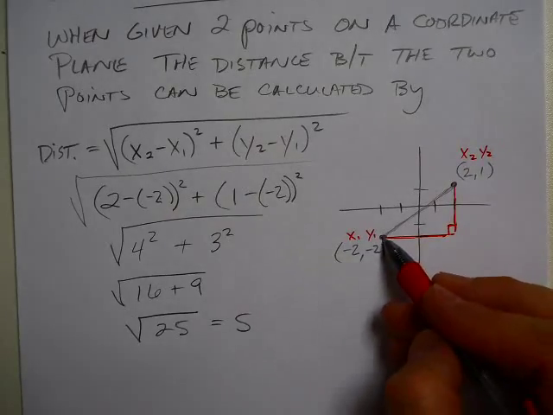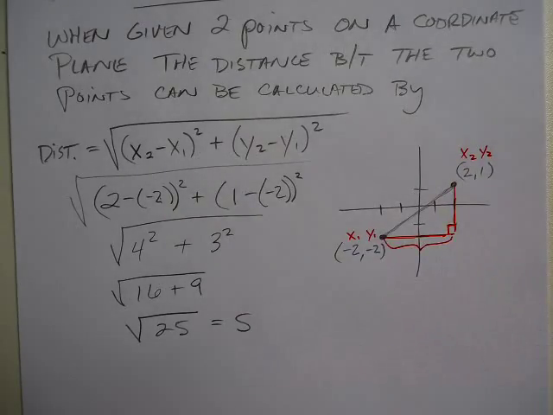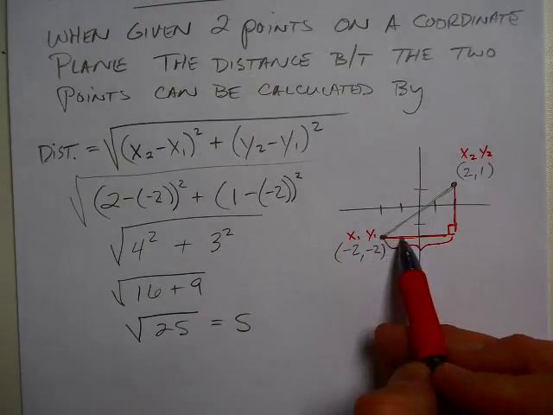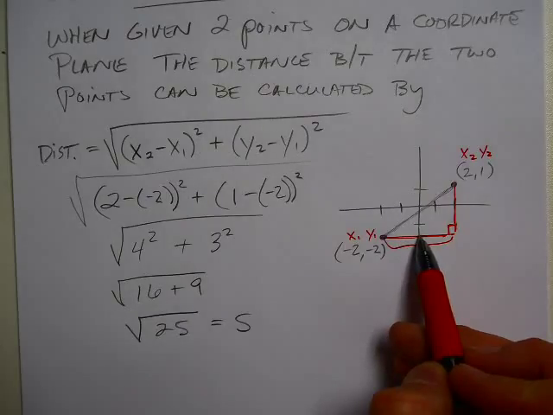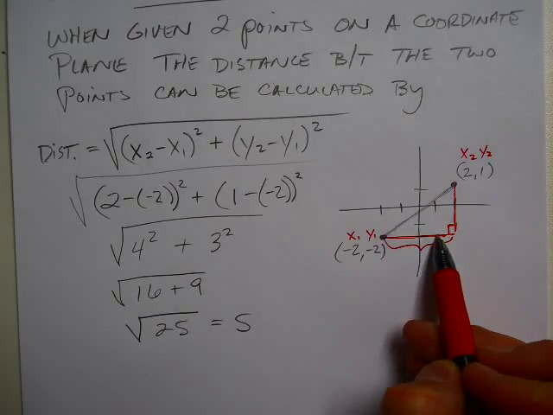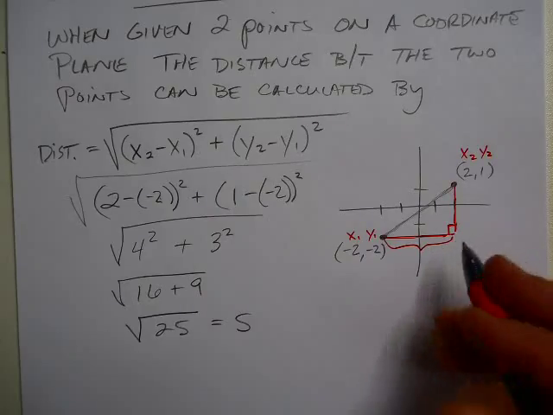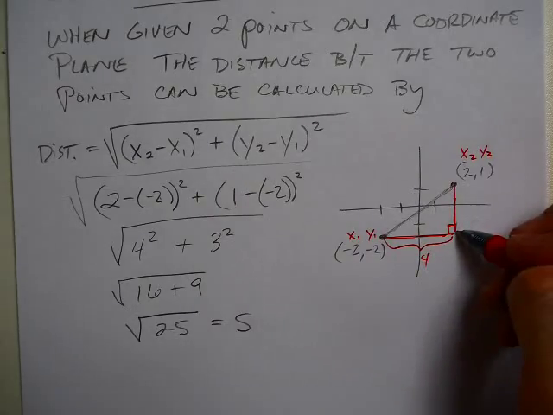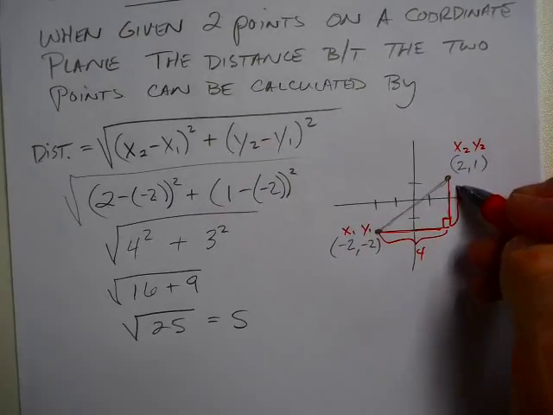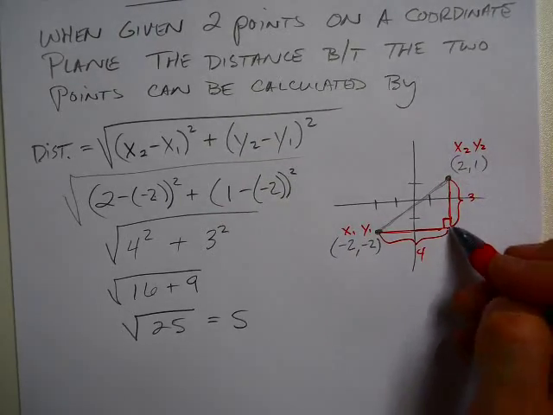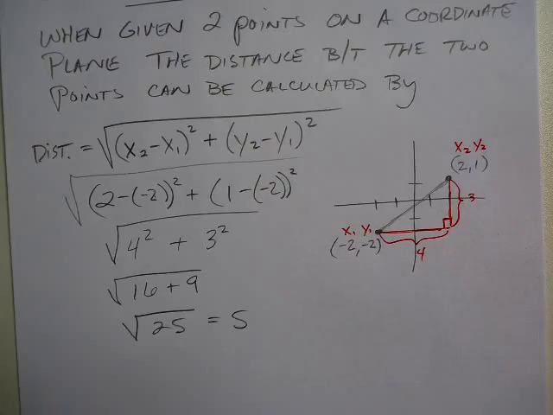What's the length of this side of that triangle? One, 2, 3, 4. Yeah, 4? Right. So I've got a 4 here. How about the height? Yeah, it's 3. It's from going from -2 to 1. It's 3.